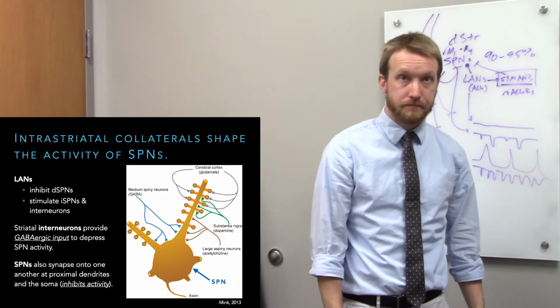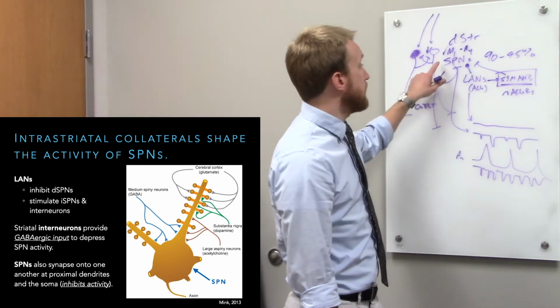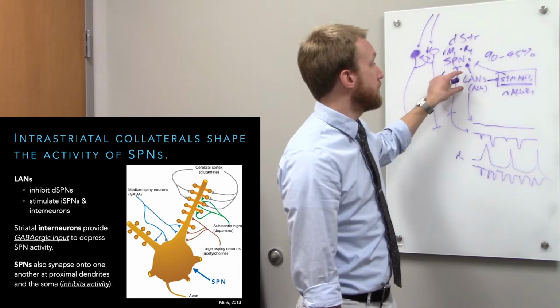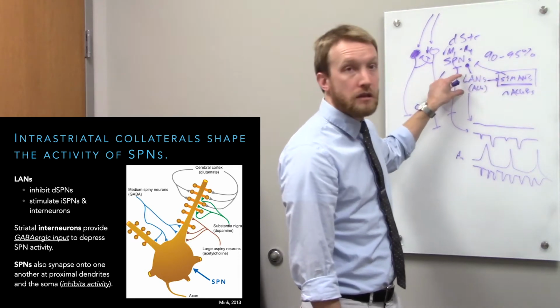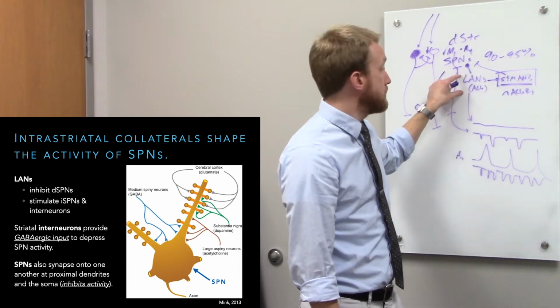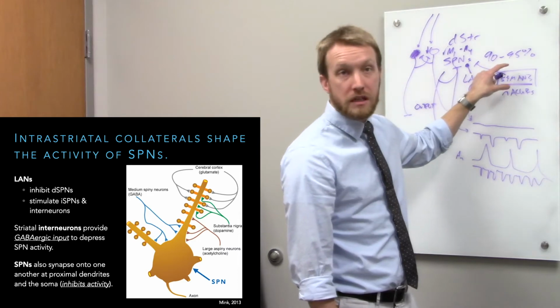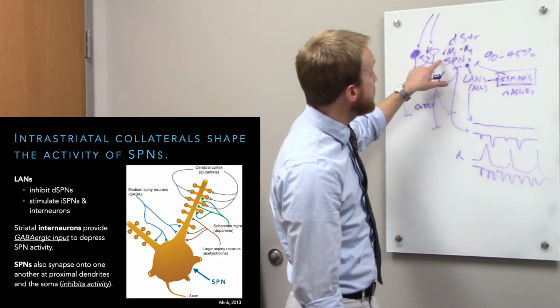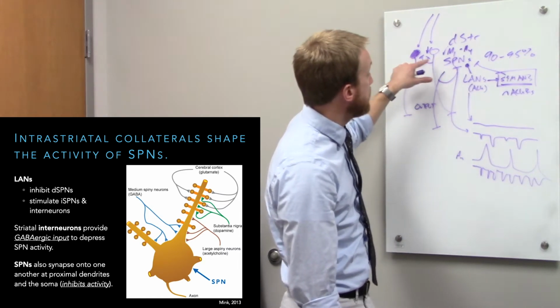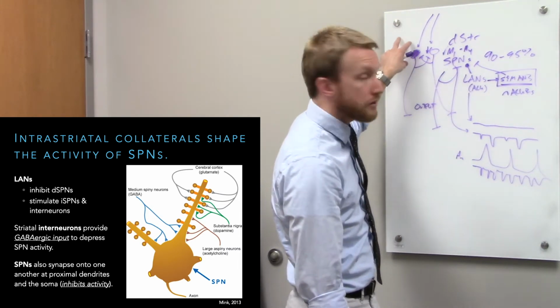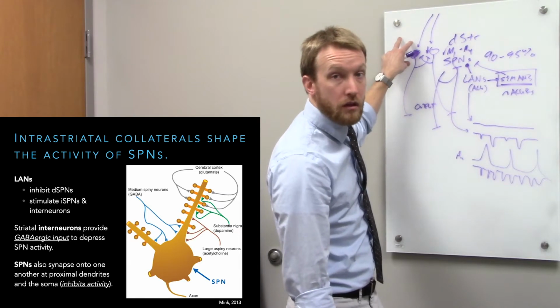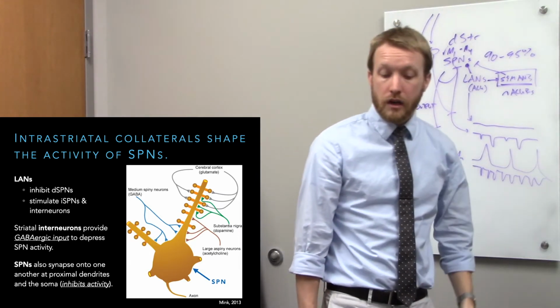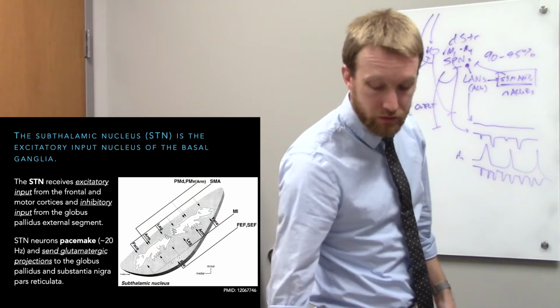So the SPNs are going to have their activity shaped by the aspiny neurons. It's a little complicated with the large ones. The small and medium aspiny neurons just inhibit. That's pretty straightforward. And the spiny projection neurons provide a little bit of an intrastriatal collateral here to inhibit one another as well. So there's your striatum, major input nucleus.